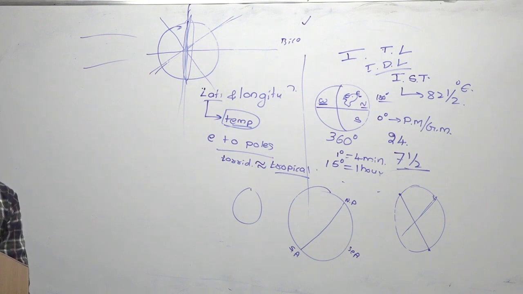What is the first one? Rotation, revolution, tilt, unchanging orientation, spherical surface of the earth. Okay. So first one, revolution.